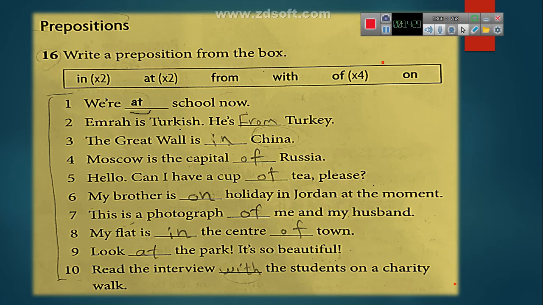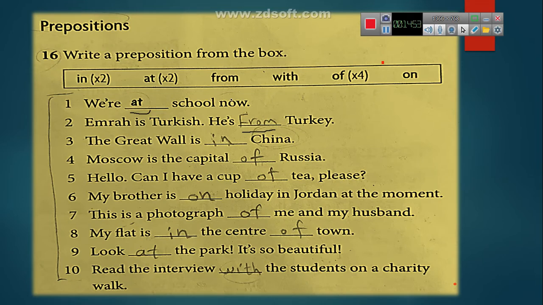Amira is Turkish. He is from Turkey. From, here we use "from". From can be used in many situations.